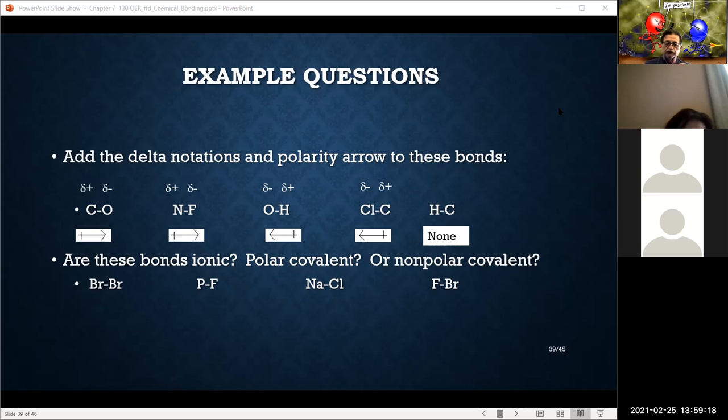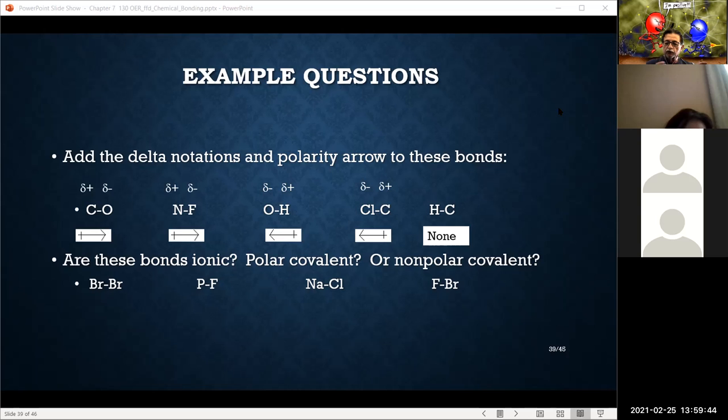So if we look through these choices here, there's only one metal and non-metal choice, and that's sodium chloride. Bromine and bromine are non-metals, phosphorus and fluoride non-metals, fluoride and bromide non-metals. But sodium and chloride is a metal non-metal combination, therefore it is an ionic bond.